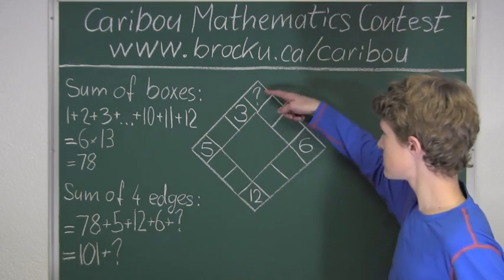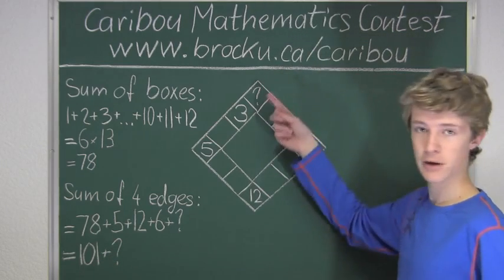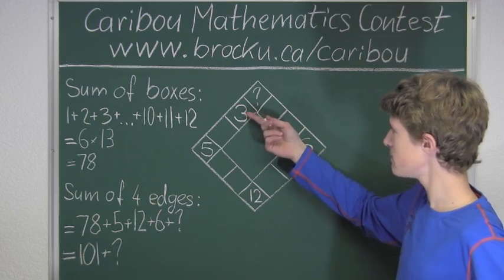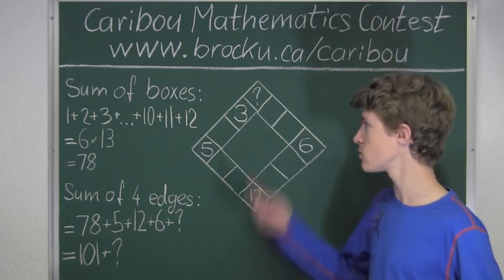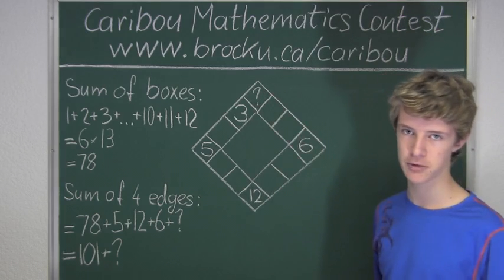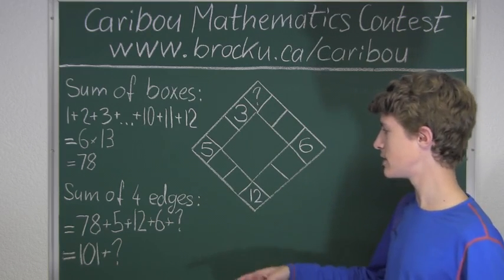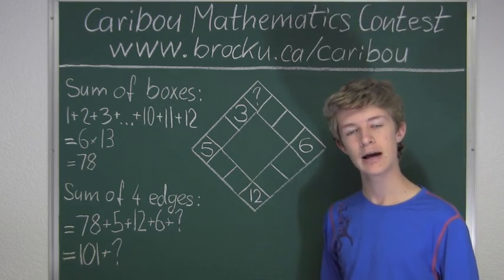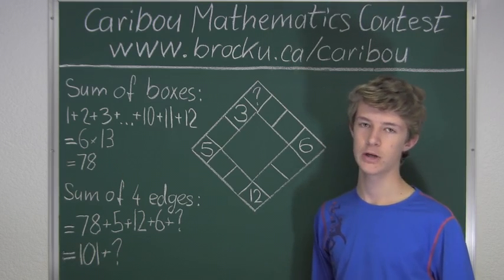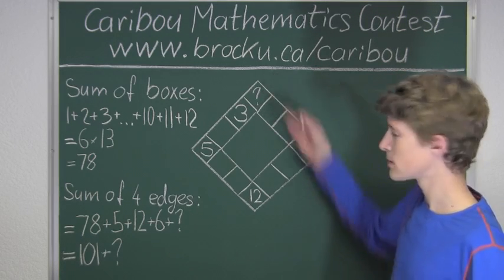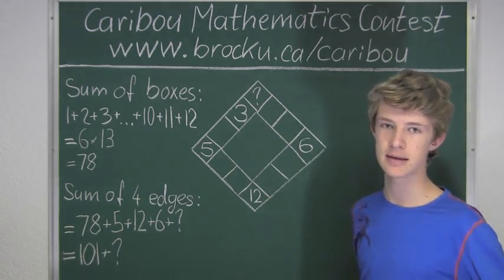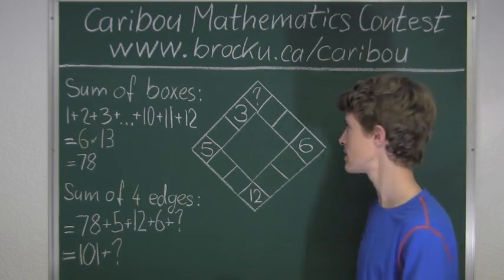That means this number would have to be 3. But if you look, 3 is right there, and since each number from 1 to 12 only occurs once, it can't be 3. So then we would look at the next multiple of 4 after 104, which is 108. So instead of this being 3, it would be 7, since 3 plus 4 is 7.